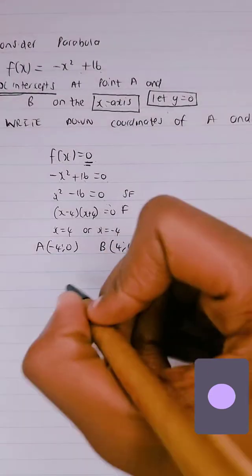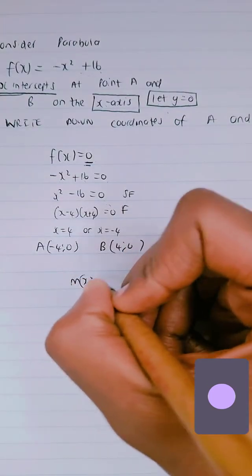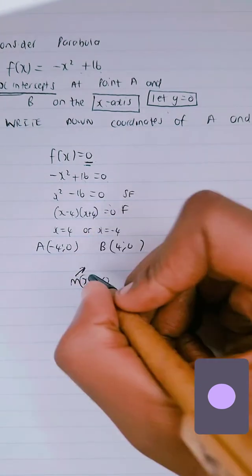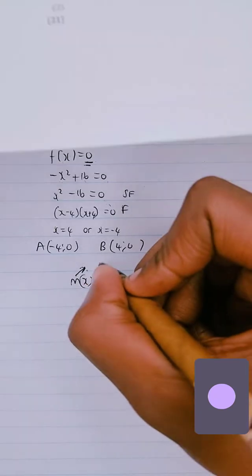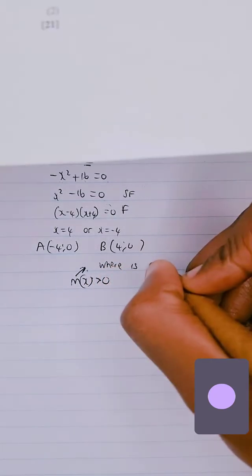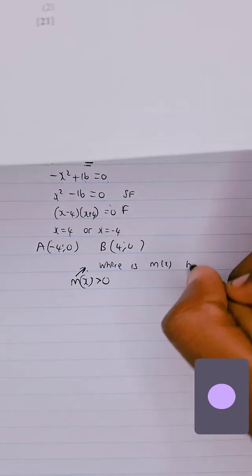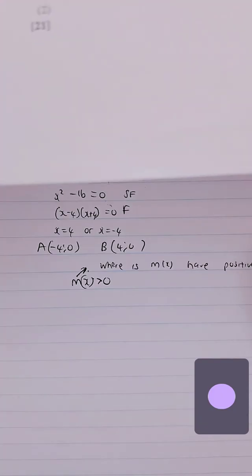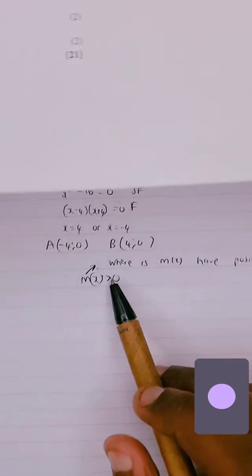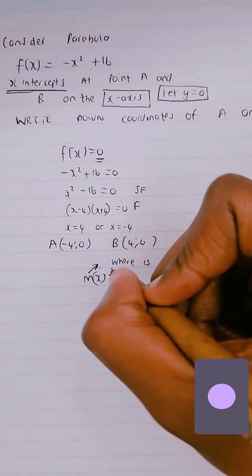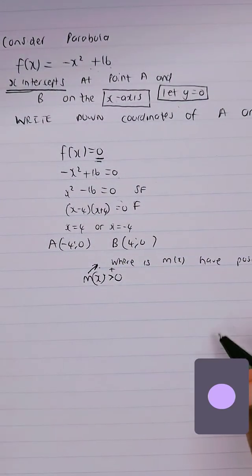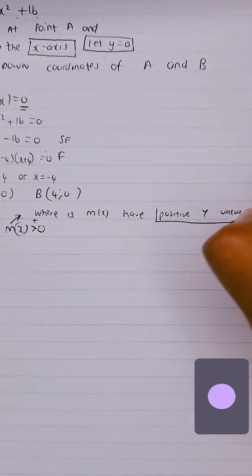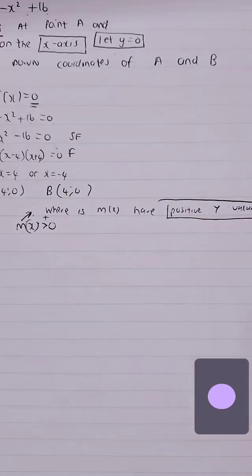When they say m of x greater than 0, remember, m of x is the function, but they are asking where is m of x having positive y values, because greater than 0 means positive, and it's specifically positive y values.